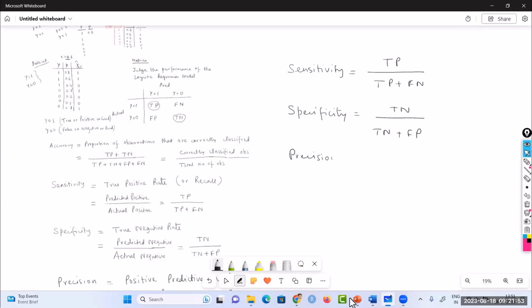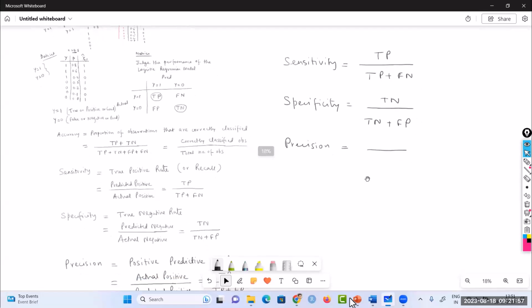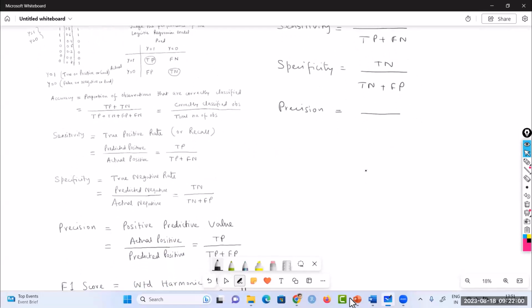Precision: true positive plus false positive in the denominator and true positive in the numerator. Accuracy will actually come at the top, let me write it later.